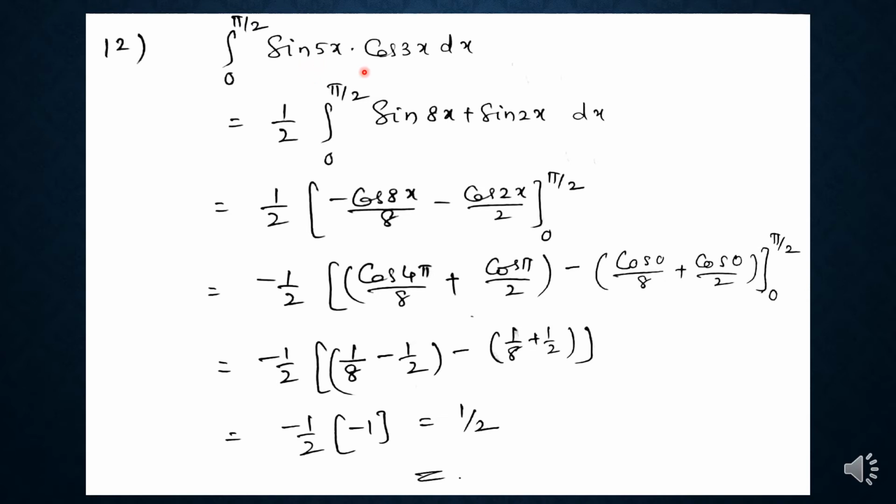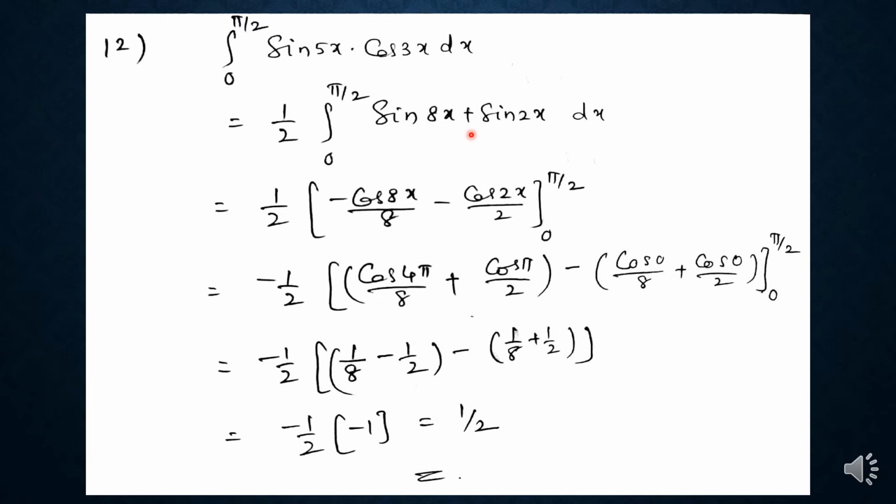Here sin 5x into cos 3x dx can be written as half into sin of A plus B, meaning sin of 5x plus 3x, that is sin 8x, plus sin of A minus B, that is sin of 5x minus 3x, that is sin 2x dx.